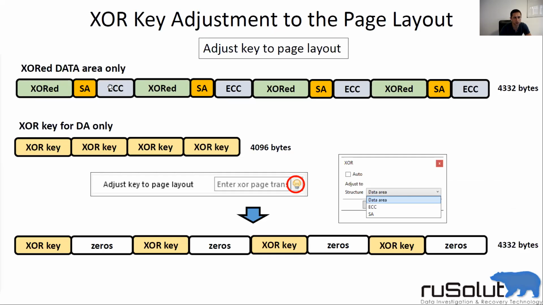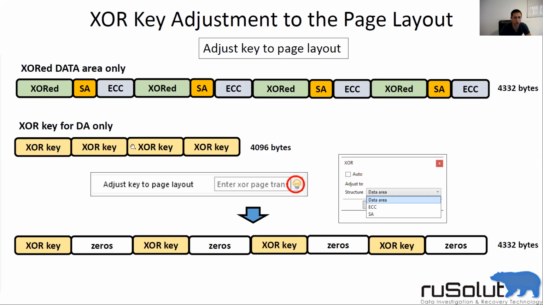It looks like this: XORed service areas, XORed data area, then service area ECC, and the page is bigger, let's say. The XOR key for the data area only has this size, for example 4096 or 8192 bytes. So it has data for data areas only.